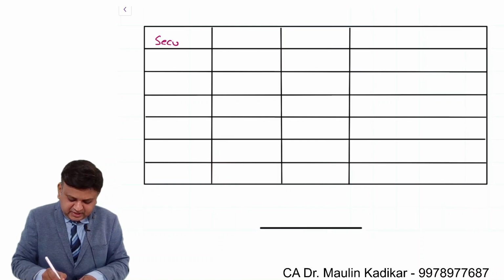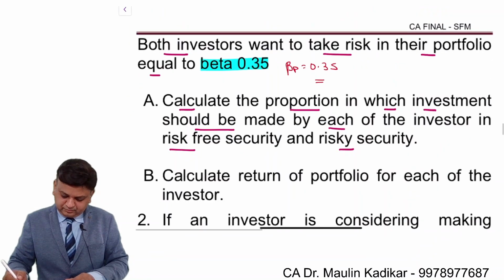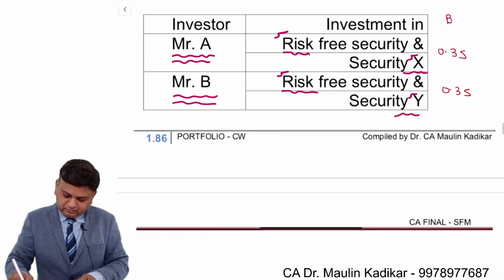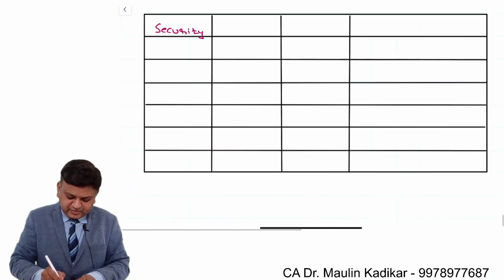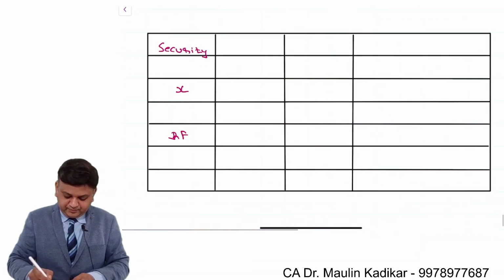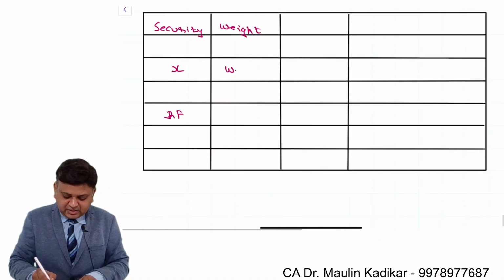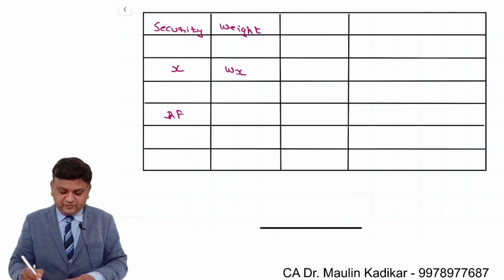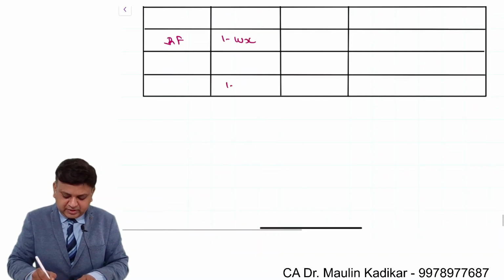Mr. A is making investment in two securities, that is security X and RF. Proportion, that is the weight in which the investment is made. Let us assign variable Wx for the weight of security X, and this is 1 minus Wx, so that the total is 1.